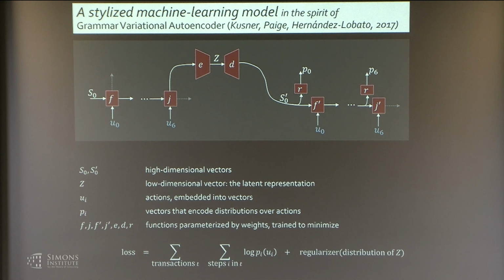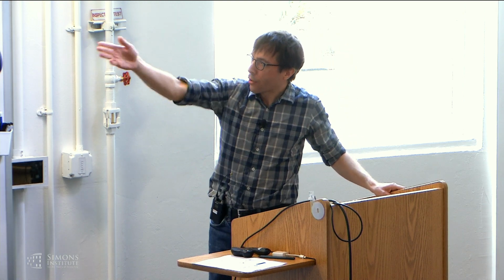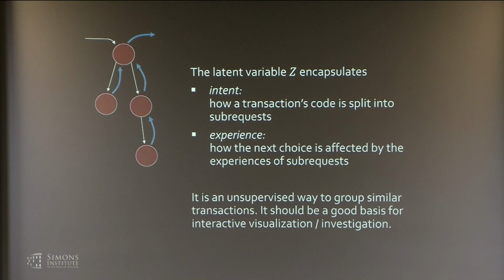It's something which aims to take a string in a formal grammar and condense it down to a very low-dimensional representation such that it can be played back to reproduce the string. So back to this picture, the latent variable Z that we get in the middle, assuming we manage to successfully train the autoencoder, is a low-dimensional vector, and it encapsulates all that matters about the code.